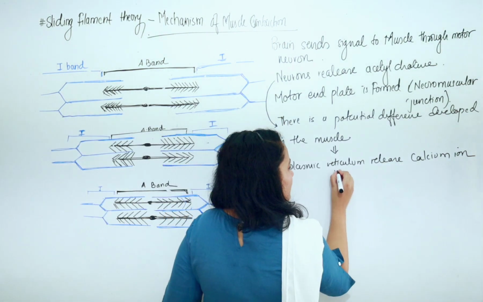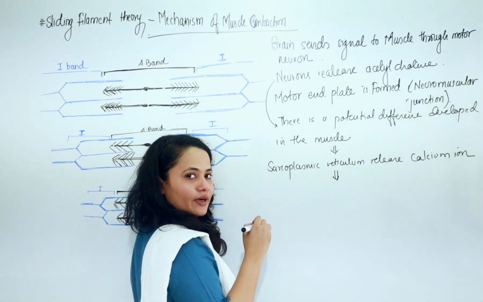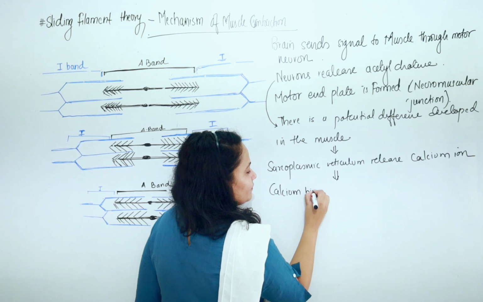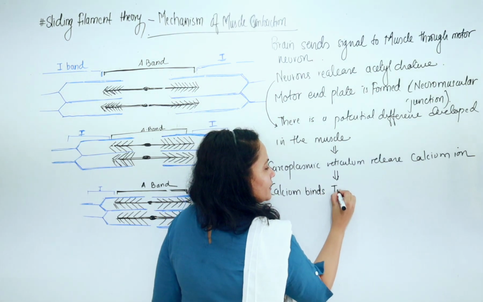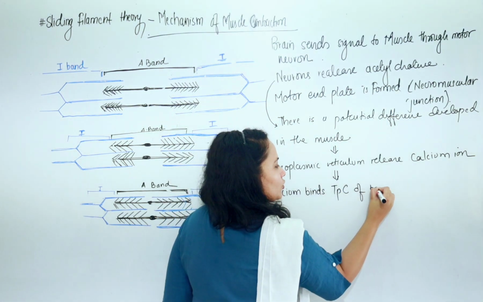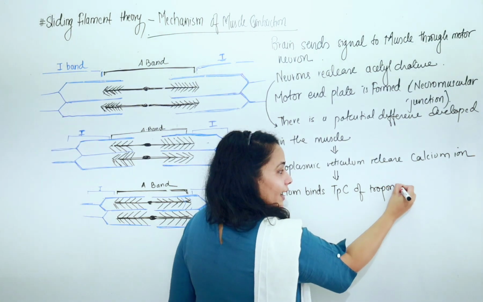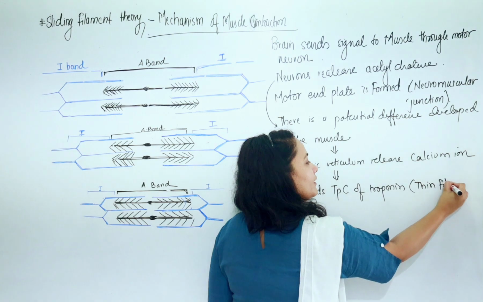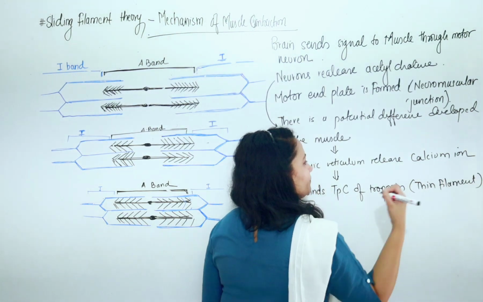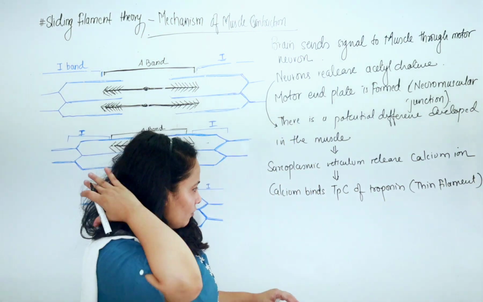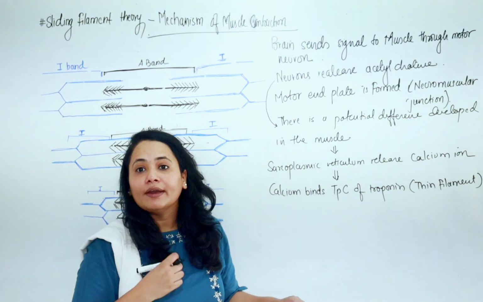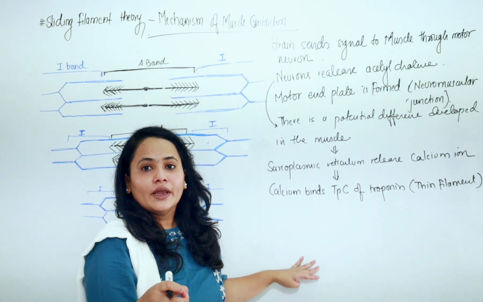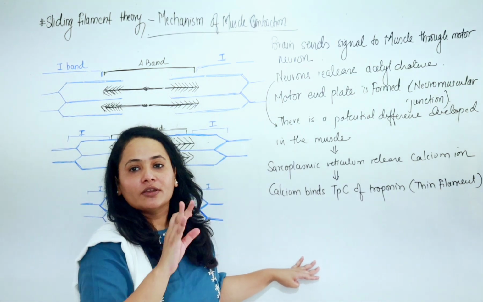So once the calcium ions are released, calcium binds to the TnC of troponin, and we know that troponin is a component of the thin filament, that is, the actin filament. Once calcium binds to TnC, simultaneously ATP will bind to the myosin.